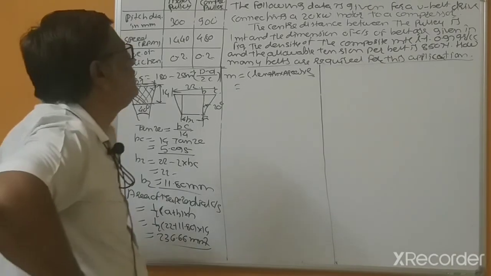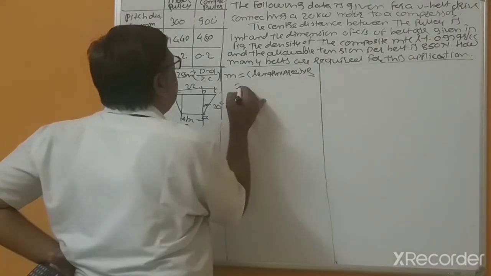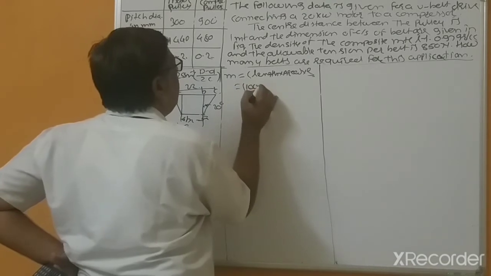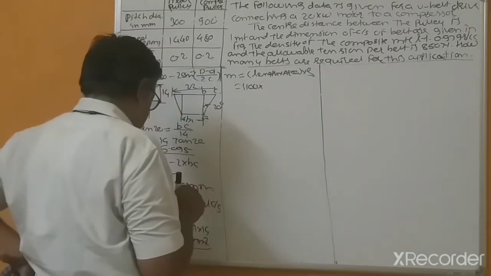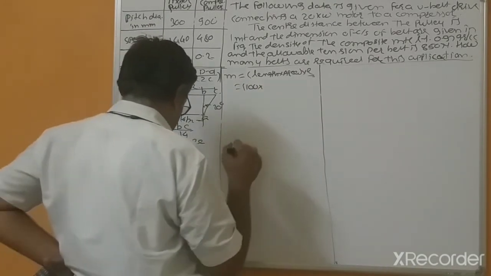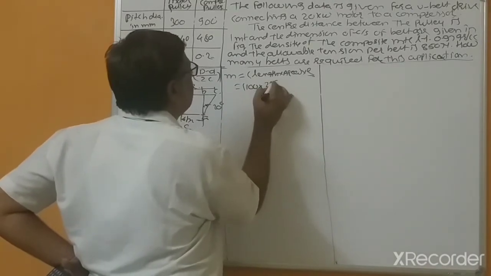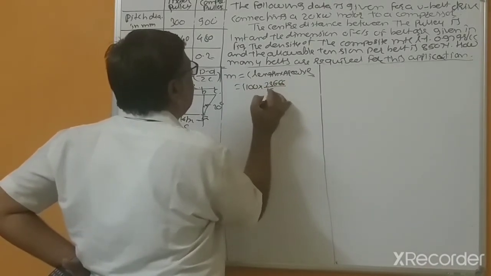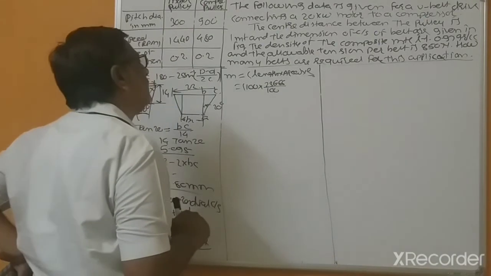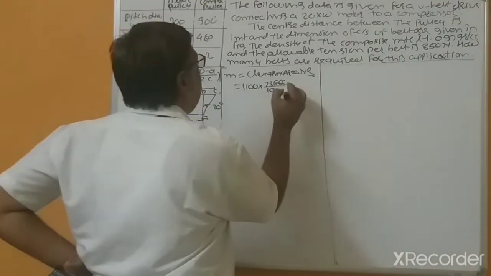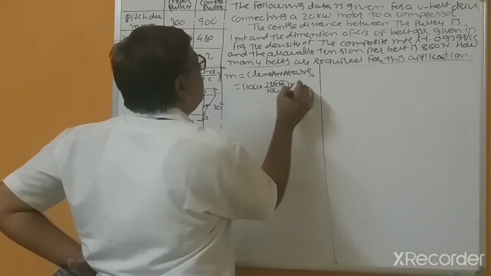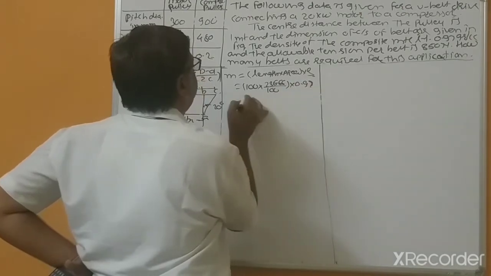So that's why we will consider this in centimeter. Length equal to 100 multiplied by area equal to 236.66 divided by 100, multiplied by 0.97.